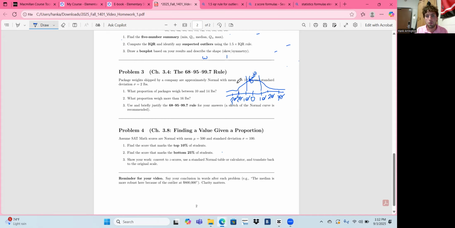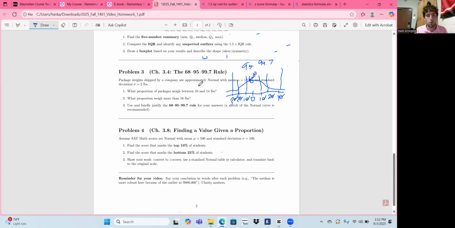And then from two standard deviations below the mean to two standard deviations above the mean lies 95% of our data. And then from three standard deviations below the mean to three standard deviations above is 99.7% of our data in standard normal distribution.